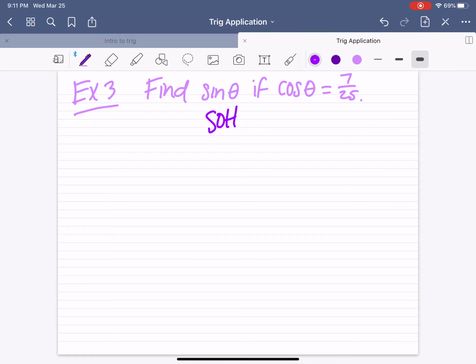So from using SOHCAHTOA, you know you're going to use CAH. So in other words, I gave you the adjacent over the hypotenuse. Now, let's draw a triangle and let's label it.